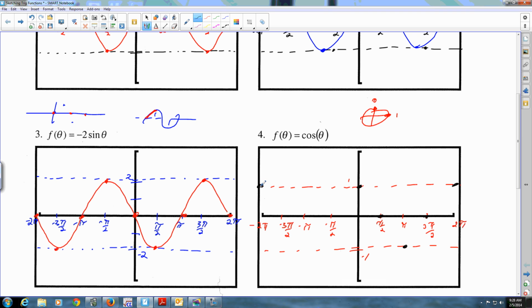Start at 1, go to 0, go to negative 1, go back to 0, back up to 1. So here's the cosine graph. The parent cosine graph, the one that all the cosine graphs you're going to draw are going to be modified from. It's like saying this is your parent graph, like for parabolas. All other parabolas get modified off of that. So there's your parent cosine graph. It starts up, goes down, ends up.